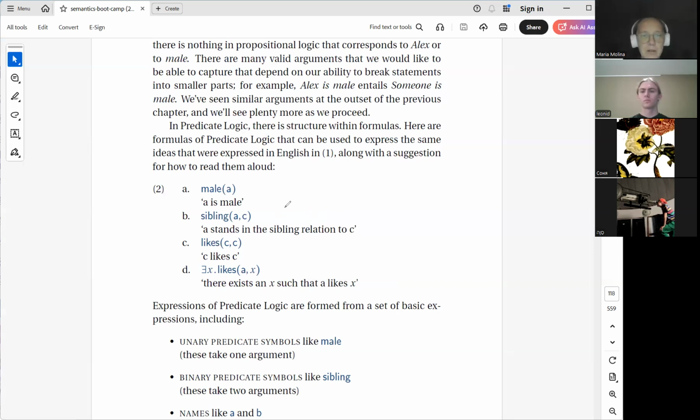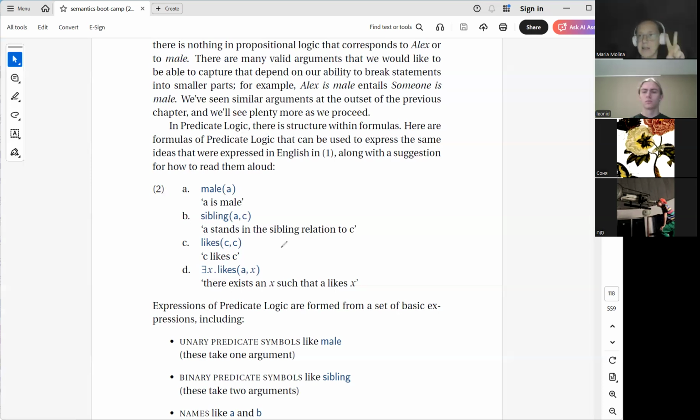And we've got sibling, and we write variables inside, A, C. Now, we can also take the relation to like and turn it into the formula likes.